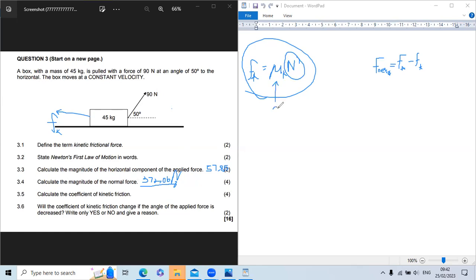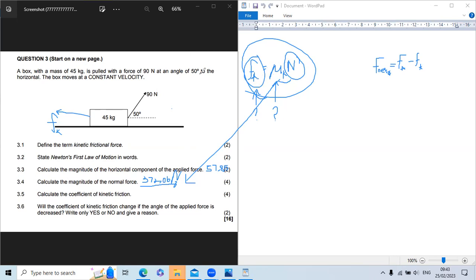This is the one they want us to find. But we also don't have our kinetic friction. So our normal is here. We don't have the coefficient and we don't have the kinetic friction.